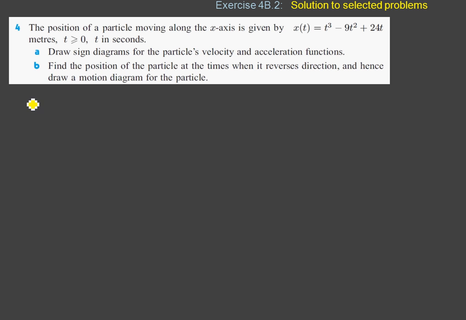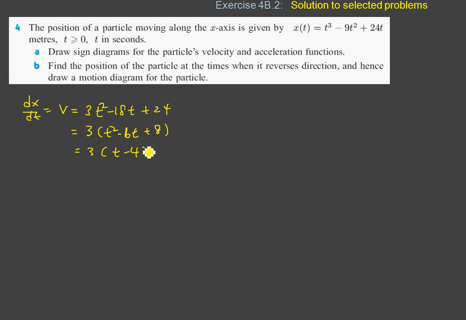So first we get dx/dt is equal to v, and that is 3t² - 18t + 24, and you notice that 3 is the common factor. So 3(t² - 6t + 8), and I can factorize this further.